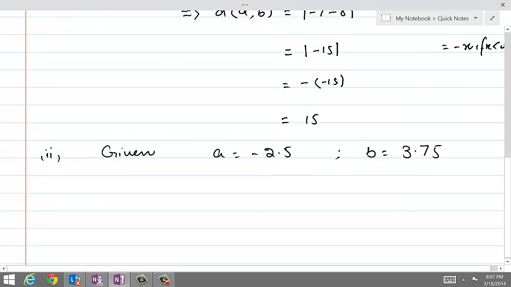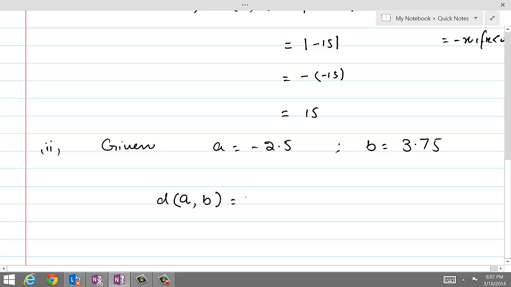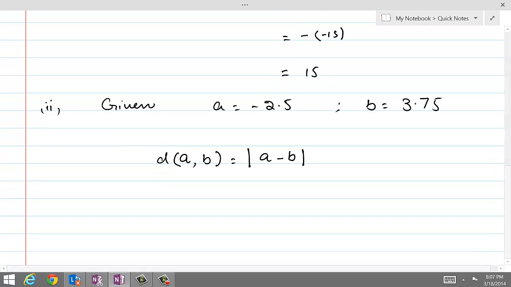So simply, if we want to find out the distance between a and b, we can denote that distance by d for distance between a comma b, equal to the modulus sign a minus b. And this is mathematical language. That's how we denote the distance between two numbers.